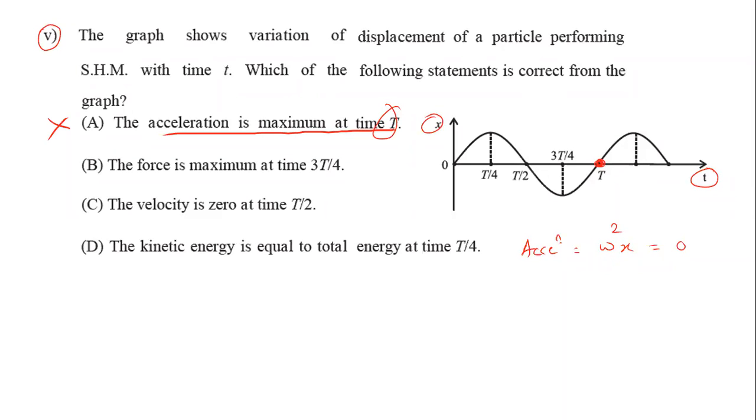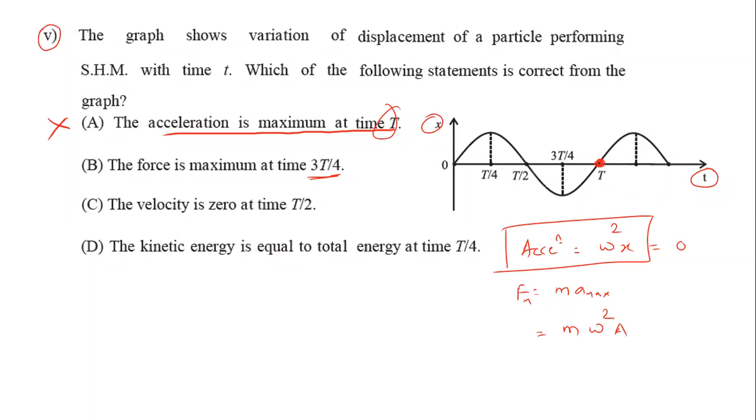Next one, force is maximum at 3T by 4. The force is equal to ma. This is the formula for force. And if acceleration is maximum at 3T by 4, then force is maximum. So maximum force corresponds to maximum acceleration, and the maximum acceleration formula is omega square a.